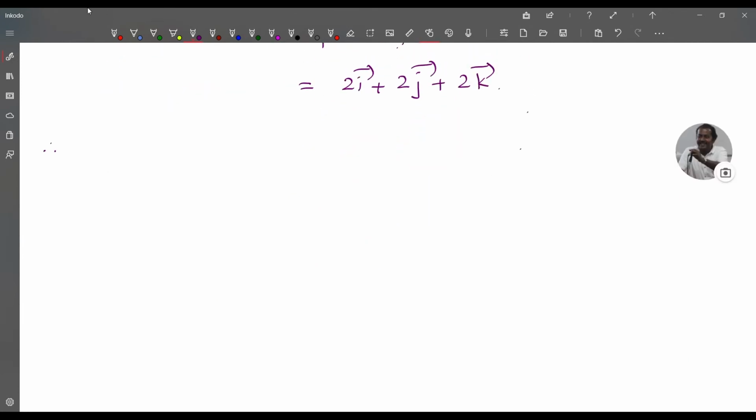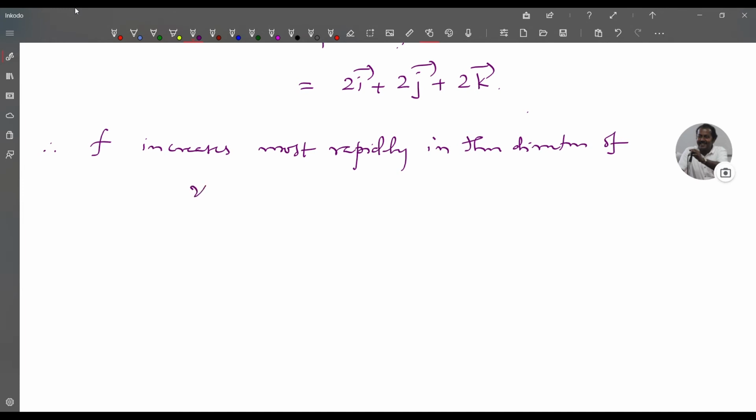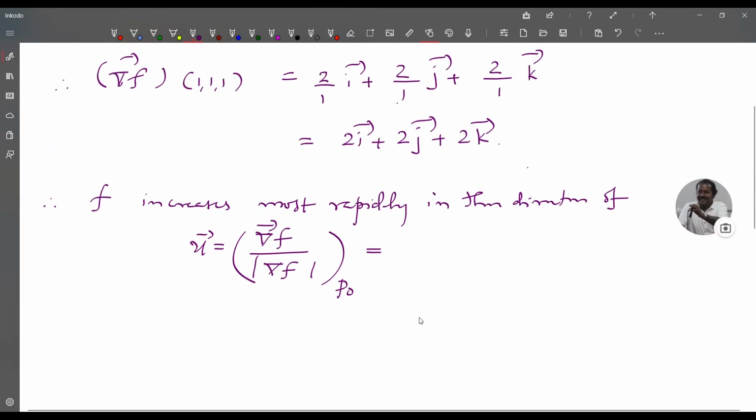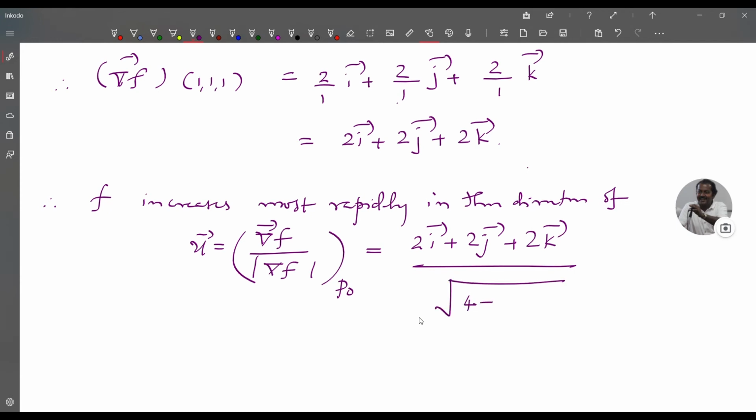Therefore, f increases most rapidly in the direction of u equal to del f by modulus of del f at p naught, that is equal to 2i plus 2j plus 2k divided by square root of 4 plus 4 plus 4.